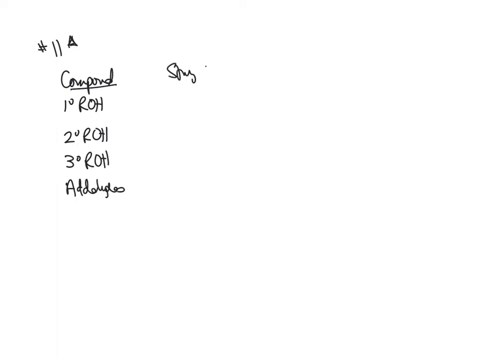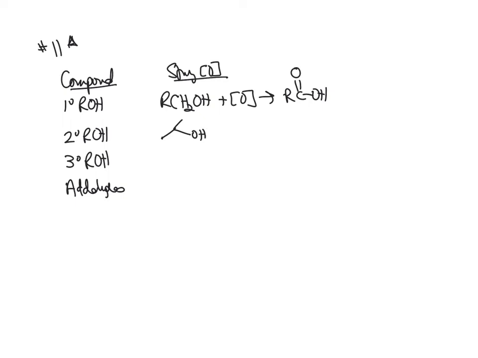Okay, so strong oxidizing reagents. So this is just giving you an example of when you take a primary alcohol, you're going to make a carboxylic acid. If you take a secondary alcohol, so I'm just going to draw a secondary such as that, and an oxidizing reagent, you get a ketone.